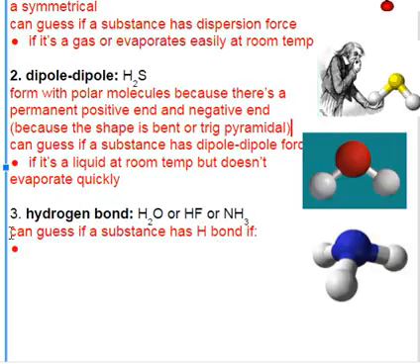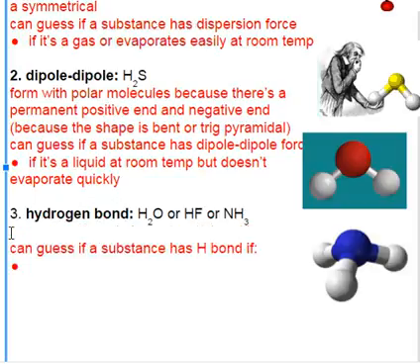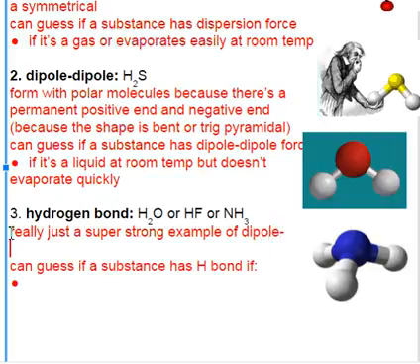And then a hydrogen bond is the strongest one. This is really just a super strong example of a dipole-dipole. Okay, it's just a dipole-dipole force on steroids.